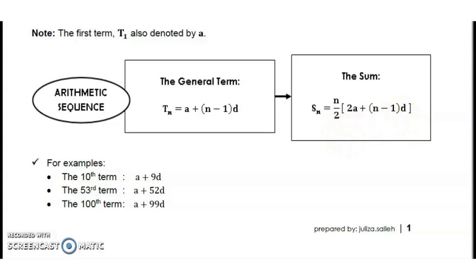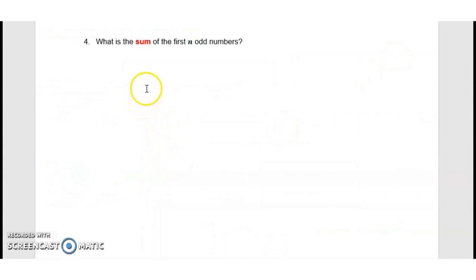Okay, now look at how to find the sum of an arithmetic sequence. Look at this question. It asks us about the first n odd numbers. Let's say we list the first 3 odd numbers: 1, 3, 5. Let's say I give the first 4 odd numbers, 7 and so forth.